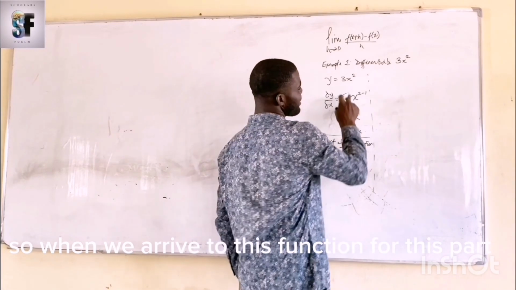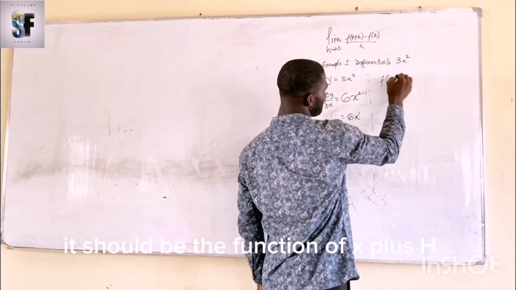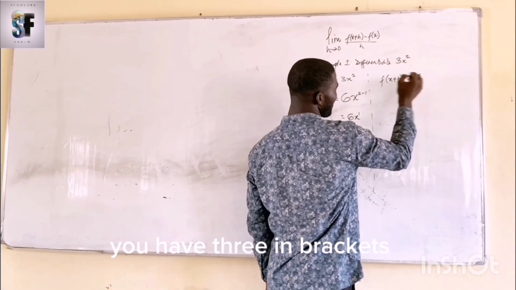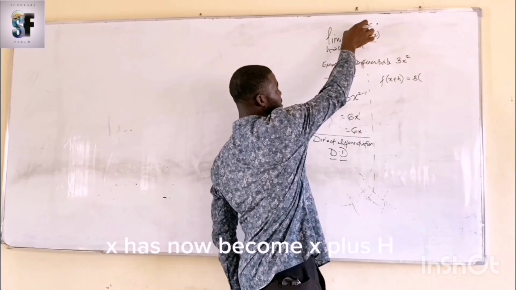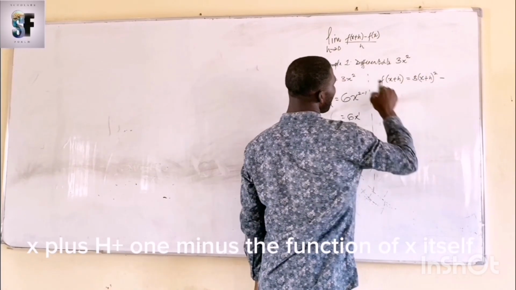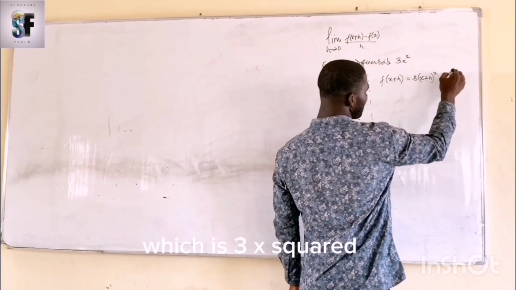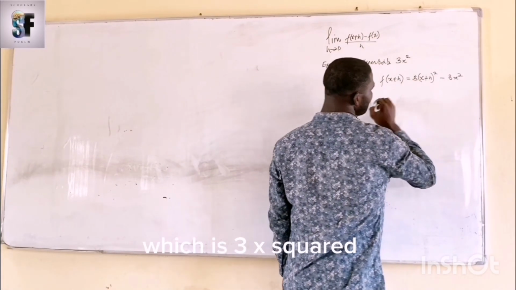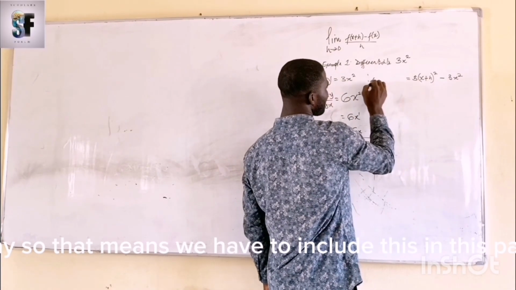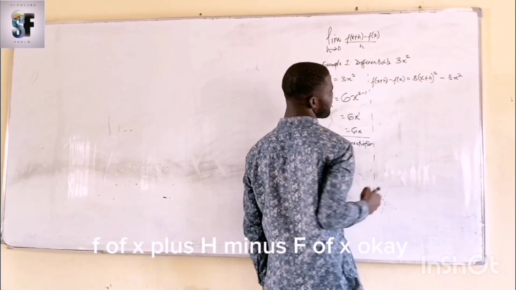So when we are writing this function, f of x plus h should be equal to 3 in brackets, x has now become x plus h, x plus h all squared, minus the function f of x itself, which is 3x squared. So that means we'll have f of x plus h minus f of x.